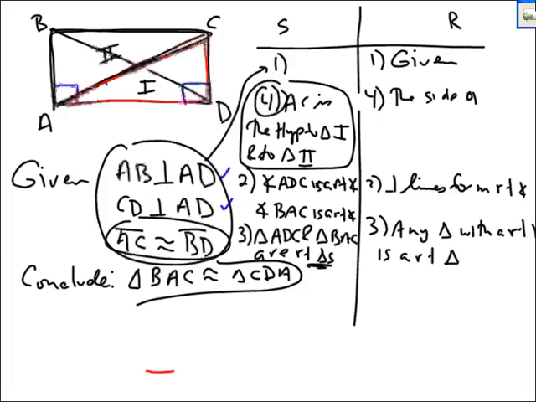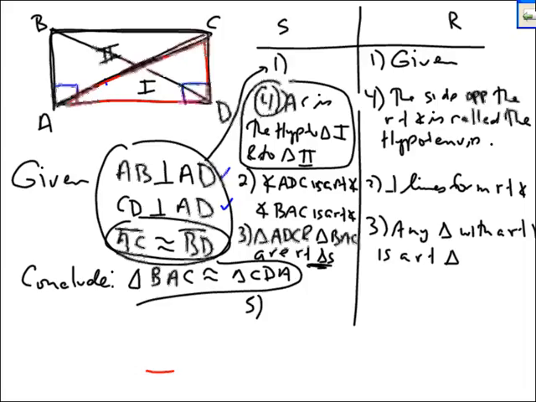The side opposite the right angle is called the hypotenuse by definition.